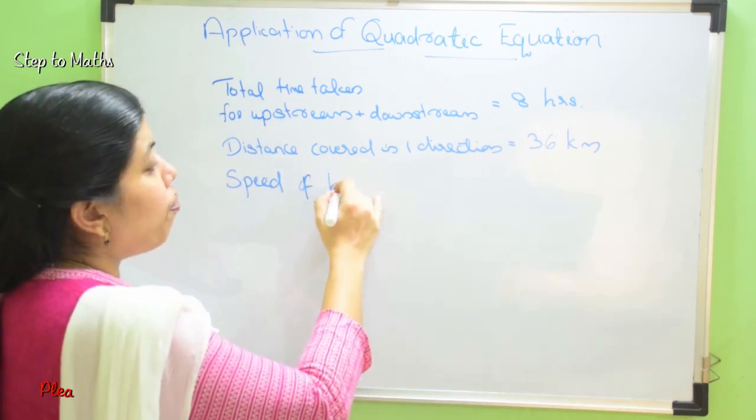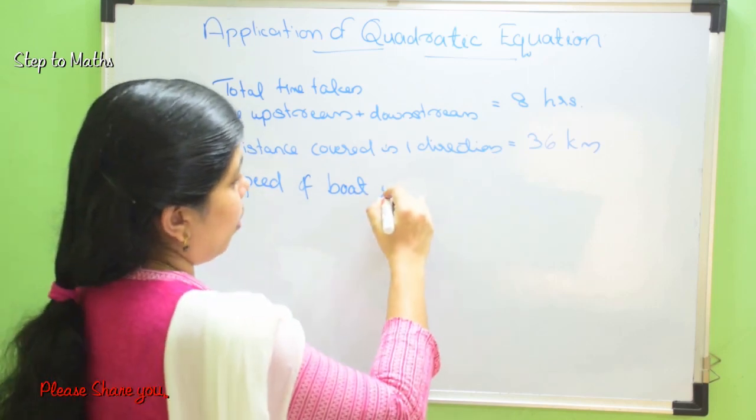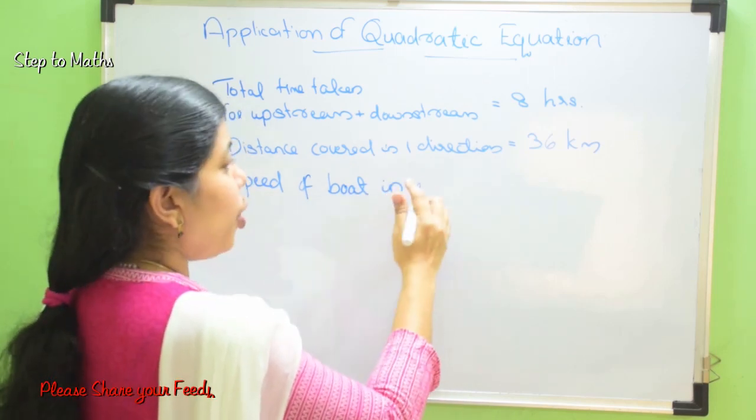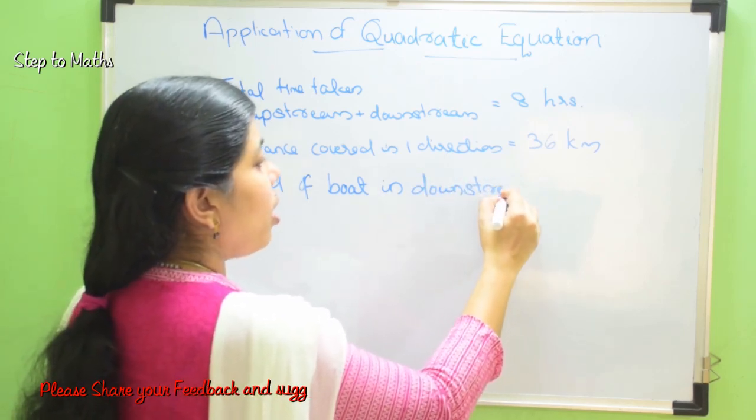Next, speed of boat in the upstream, speed of boat in downstream. First take downstream.